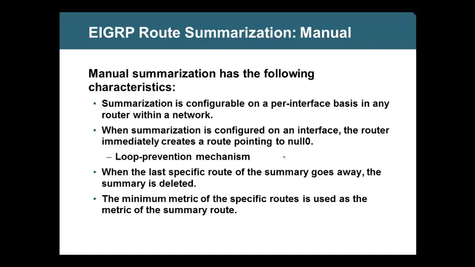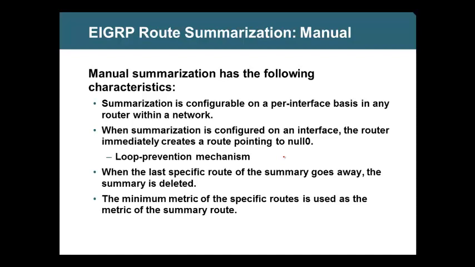You need to point towards a null interface to avoid loops. You cannot point towards any one physical interface, or to all those physical interfaces for which you did summarization. It will cause a loop.